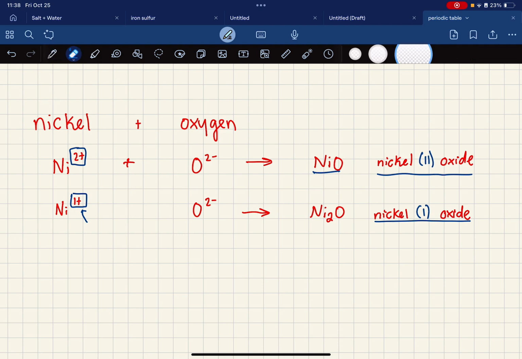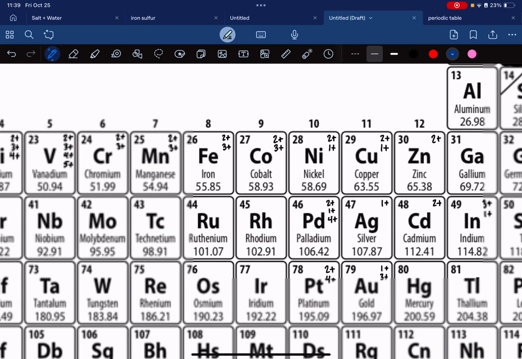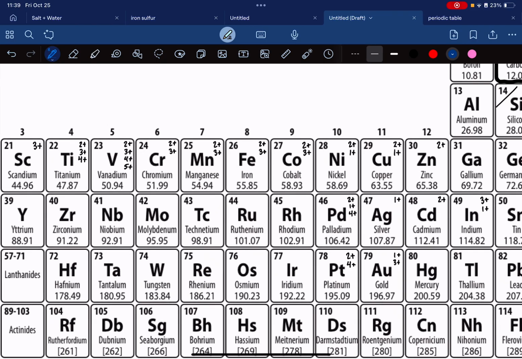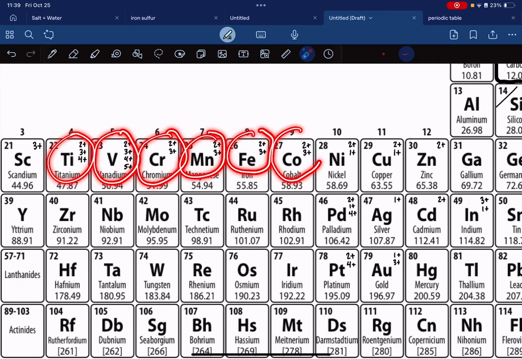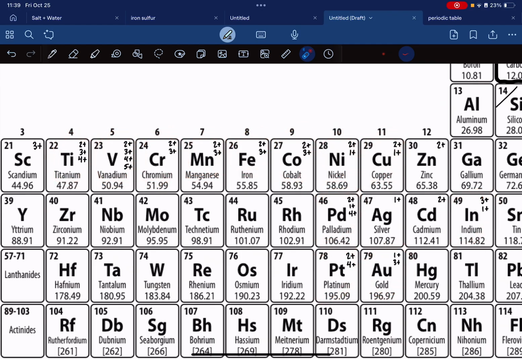So Roman numerals are necessary when the metal ion can take on multiple charges. So if we look back at our periodic table, we're going to find that lots of these metals here, titanium, vanadium, chromium, manganese, iron, cobalt, nickel, copper, palladium, platinum, gold, indium, a bunch of these have multiple charges that are possible.